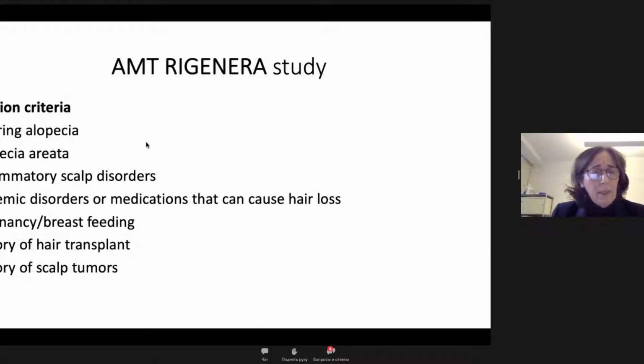And we excluded subjects affected by scarring alopecia, alopecia areata, or when inflammatory scalp disorders were present, or the subjects were on medication or affected by systemic disorders causing hair loss. We ruled out also pregnant or breastfeeding females, and excluded all subjects with a history of hair transplant or scalp tumors.